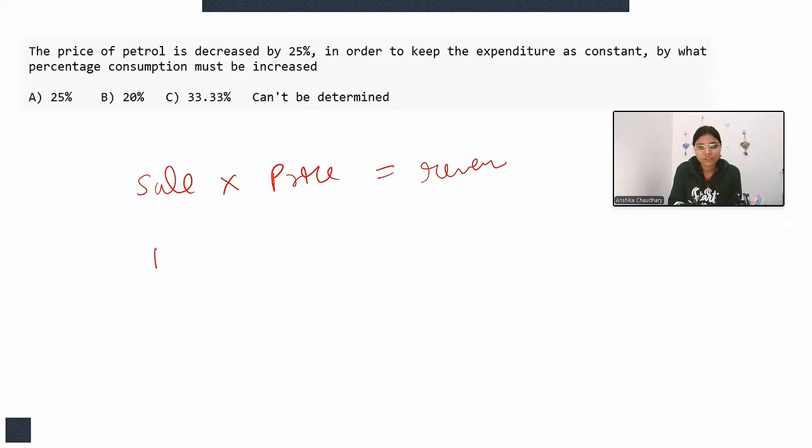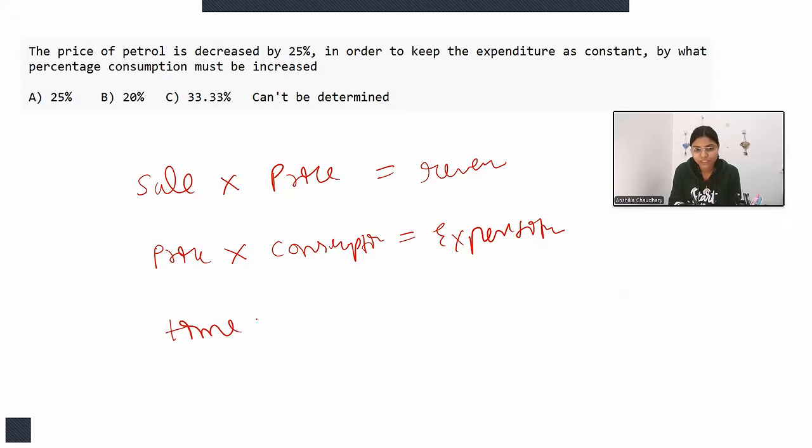Or price into consumption equals expenditure. Similarly, time into speed equals distance. I will tell you why I'm writing this and what I want to do. You will get different kinds of questions based on this.